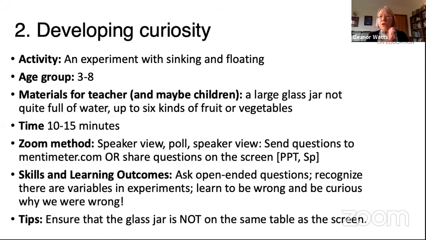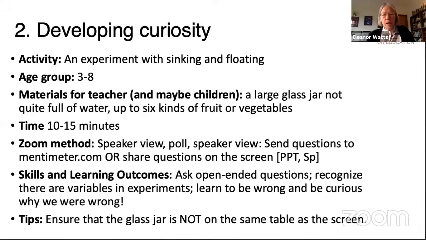But real scientists do experiments to find things out. So what we're going to be doing in this experiment is thinking, hypothesizing, to use the great Greek word, we're guessing what's going to happen, which is what scientists do before they do an experiment. And we're thinking, is this what's going to happen or not? And then we do the experiment to find out.